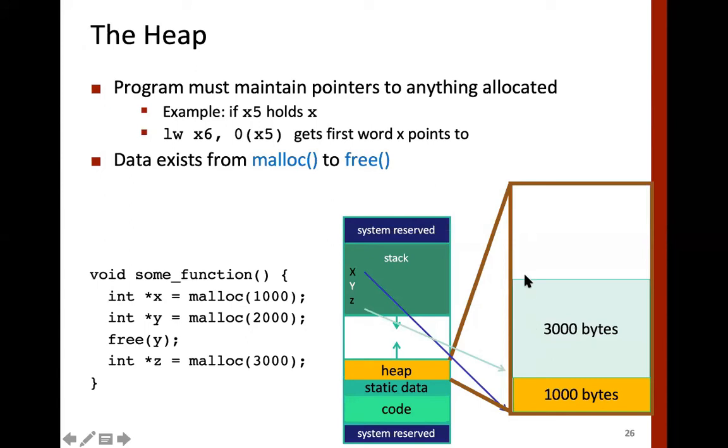So you will allocate 3000 bytes and create a variable Z here, which will point to the beginning of this 3000 byte area. And now from that, if you want to get the first byte or second byte, you have the pointer, and with the use of the pointer, you can read whatever you want to read.